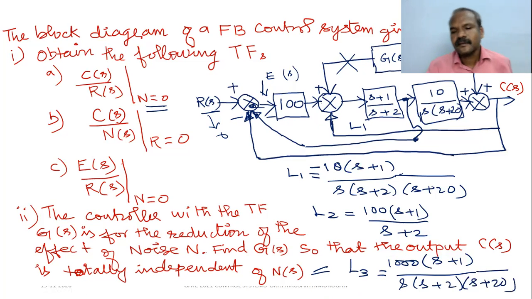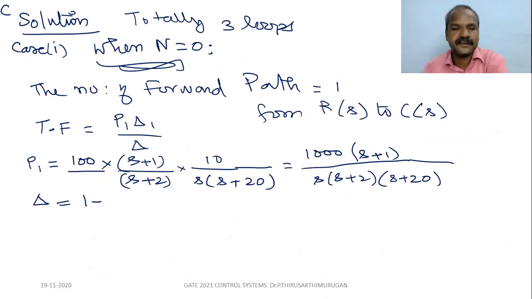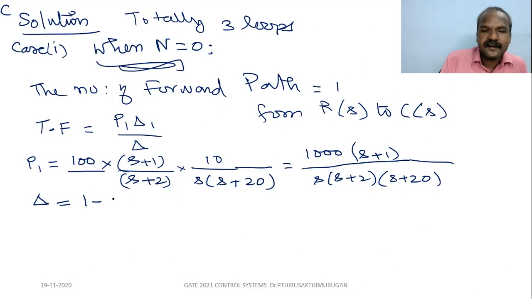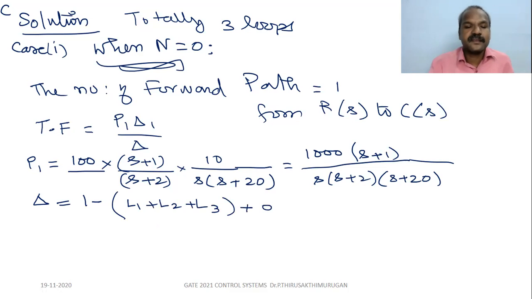Am I right? So just place it here: 1 minus the individual loops, L1 plus L2 plus L3, plus 0. The remaining terms are 0.